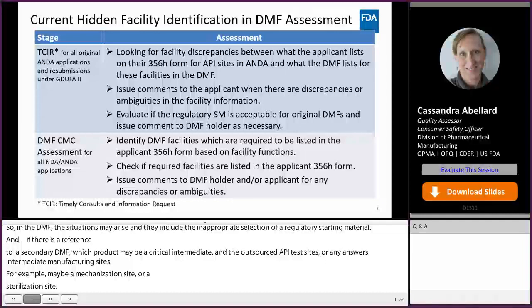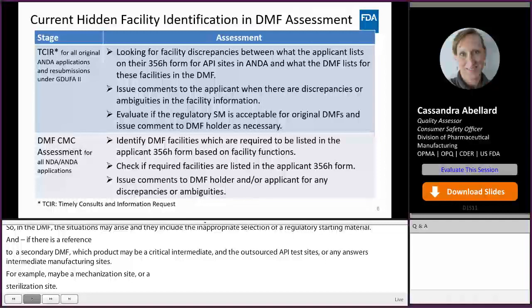We will then issue comments to the applicant when there are discrepancies or ambiguities in the facility information. And during this process, we also evaluate if the regulatory starting material is acceptable for original DMFs, and we'll issue comments to the DMF holder as necessary. We also perform a DMF CMC assessment for all NDA and ANDA applications.